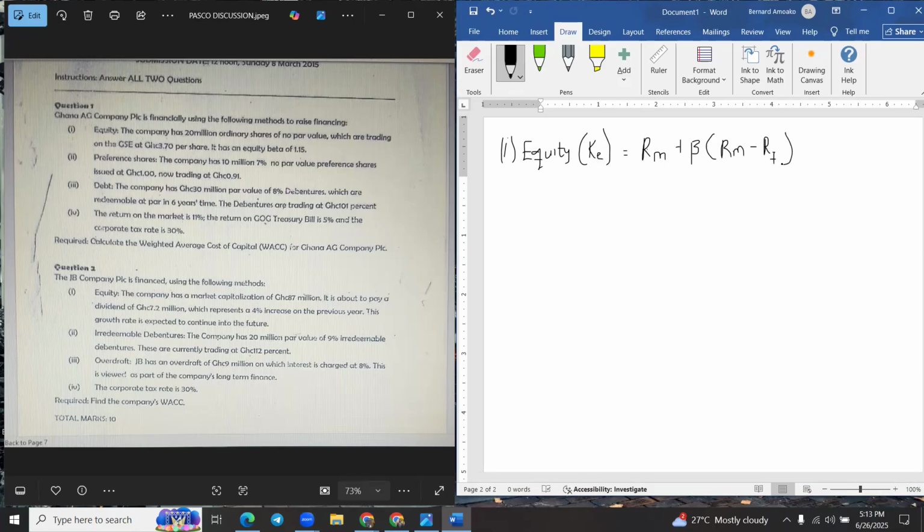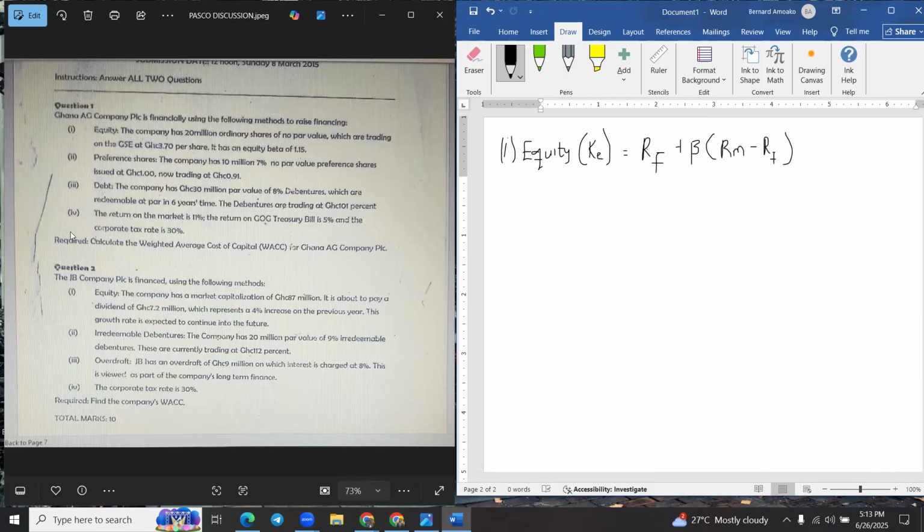So it is not return on the market first, it is rather risk-free, plus beta multiplying the items in the bracket, market return minus risk-free.